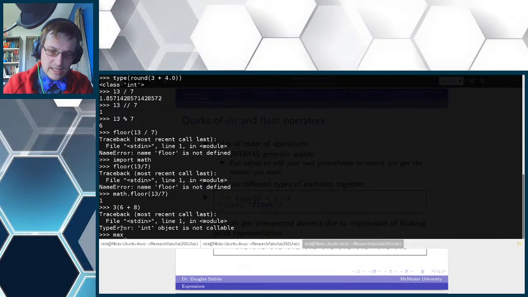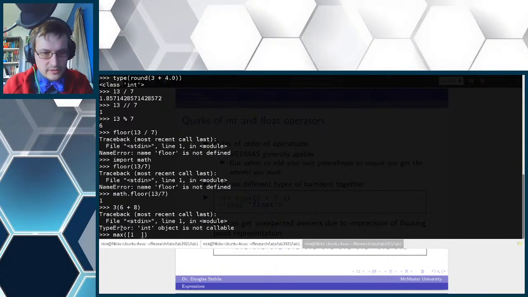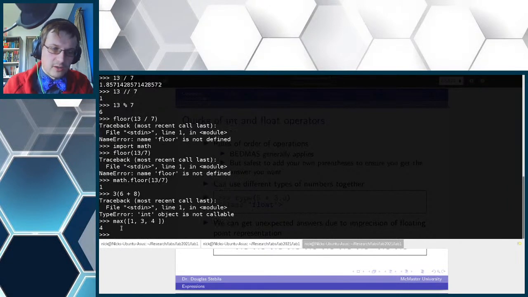So if we have, for example, the max function, the syntax for calling the function is to put the parentheses immediately after the name of the function without any symbol in between. So max of, like, 1, 2, 3, 4, right? There we go.